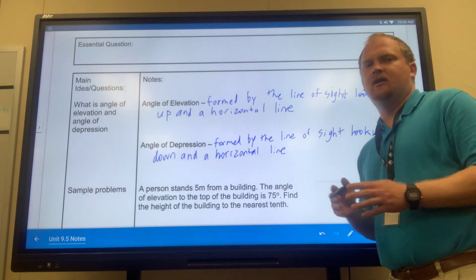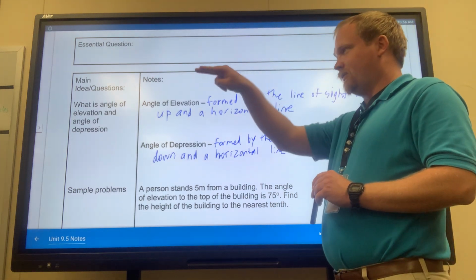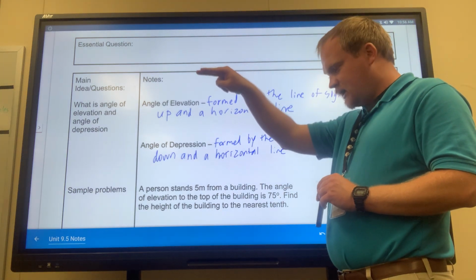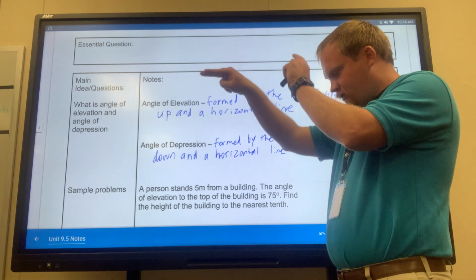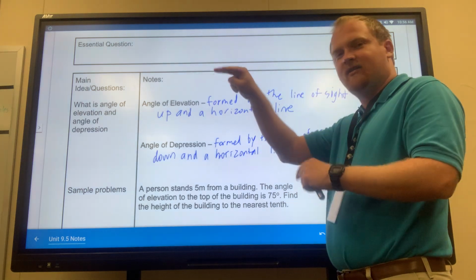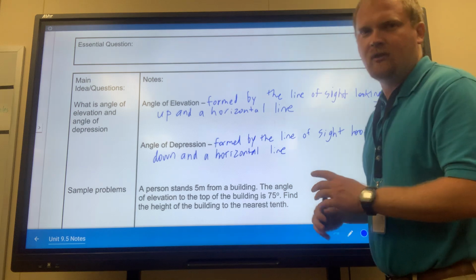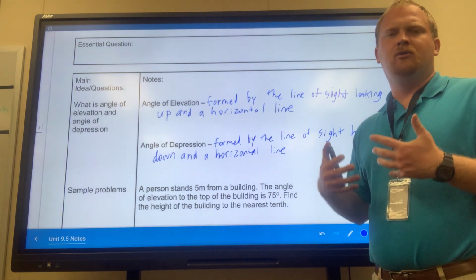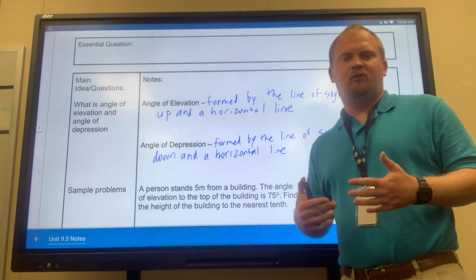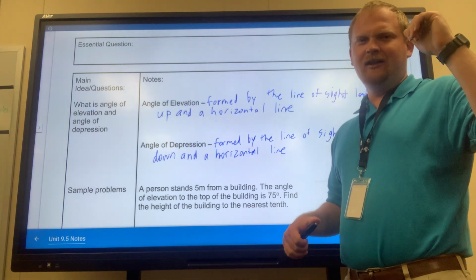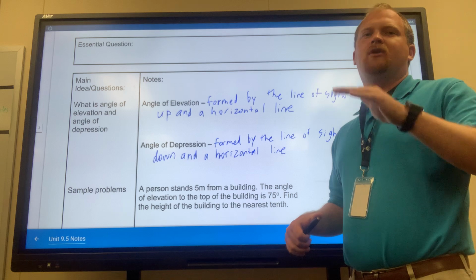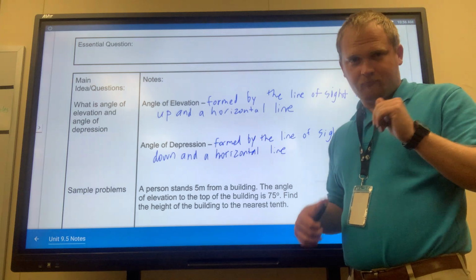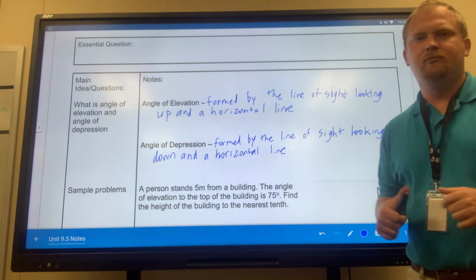Okay, so again, from my perspective, if I'm looking straight ahead, but I'm looking down from the horizontal line, that's the angle of depression. So really it's all about the perspective of the angle where you're at. The difference between the two is whether you're looking up or looking down.